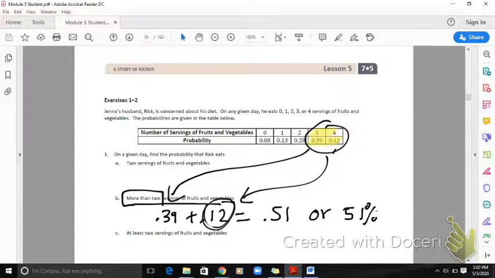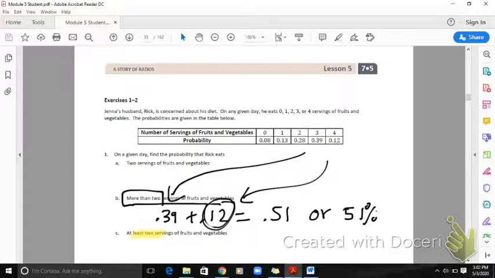Okay, good. So then looking at C, what's the probability that Rick eats at least 2 servings of fruits and vegetables? So let's think about what the phrase at least means. Here, at least 2 servings means he eats 2 or more, right? That's what at least means.